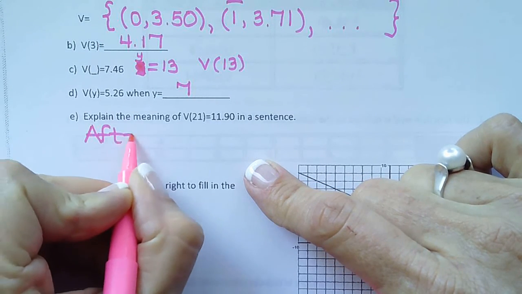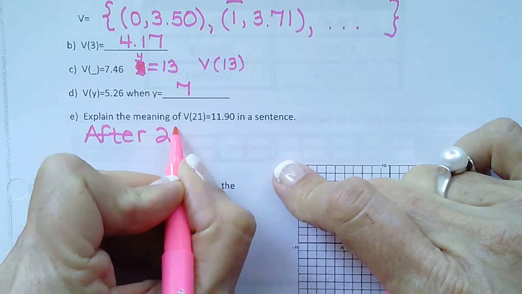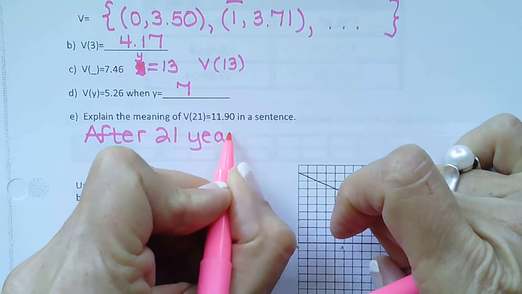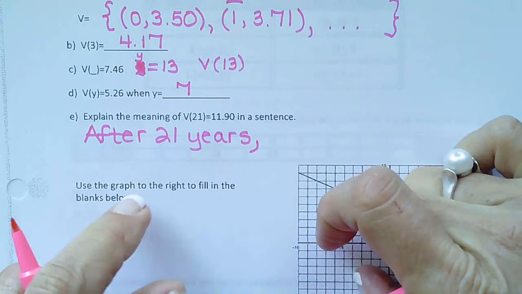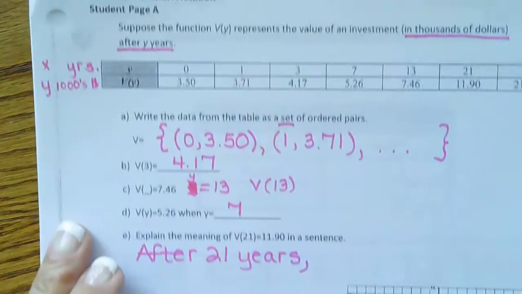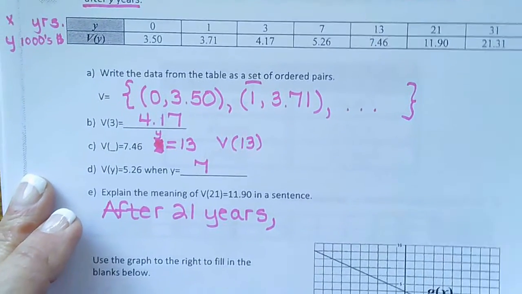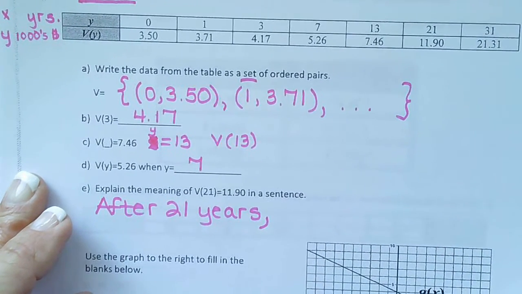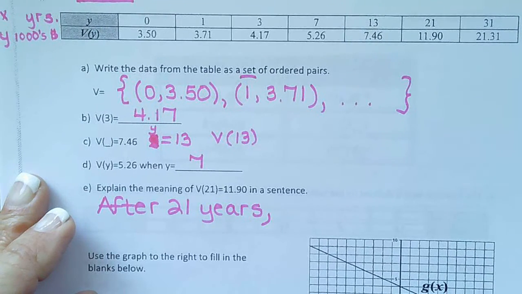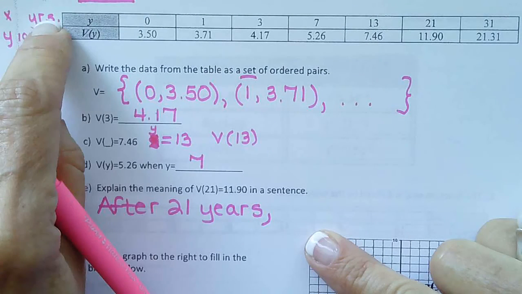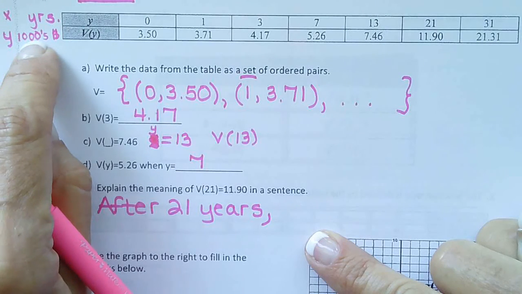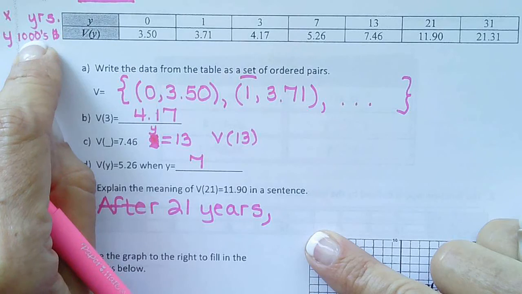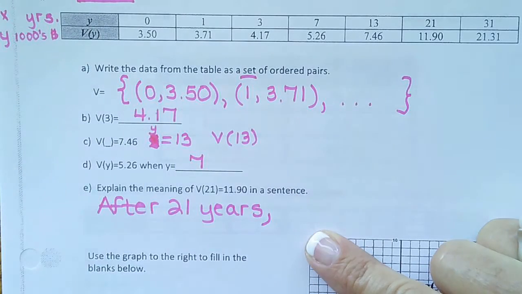After 21 years, comma, and this is why we wrote this out to the side to remind ourselves when we write sentences about this, that after 21 years, this has to be in thousands.